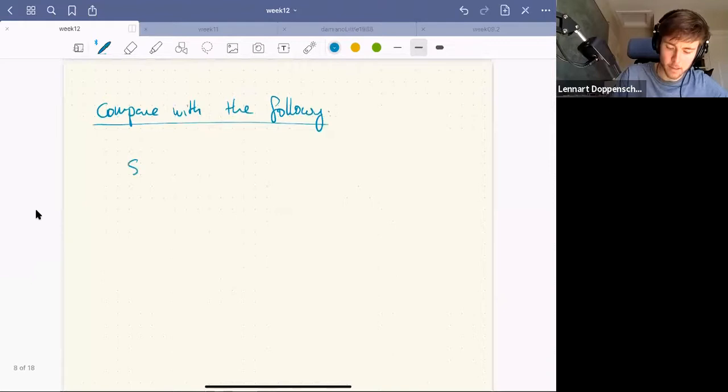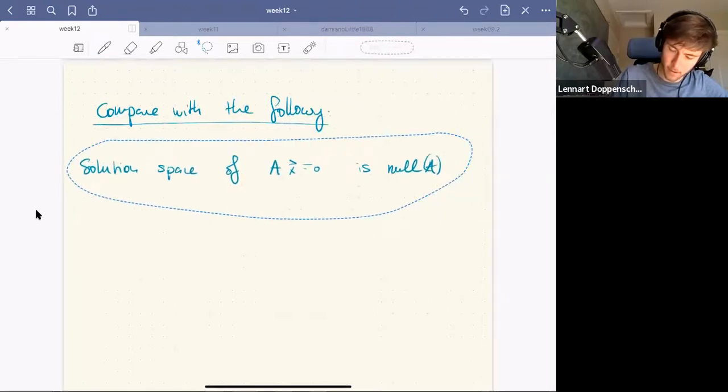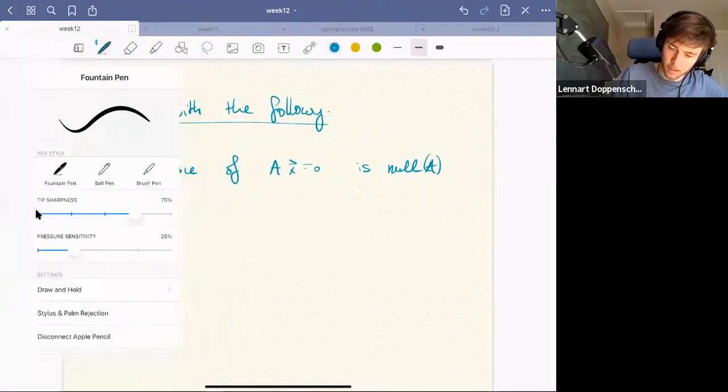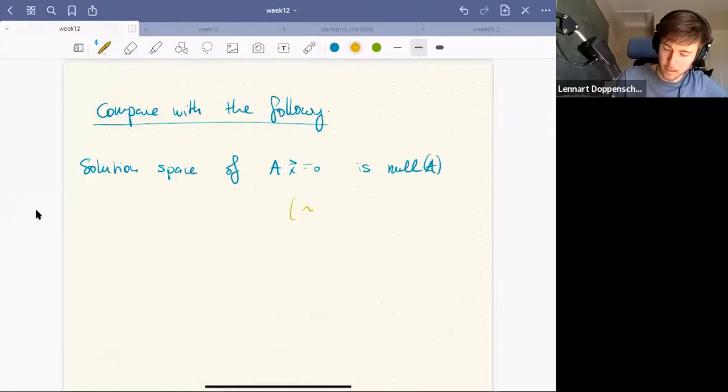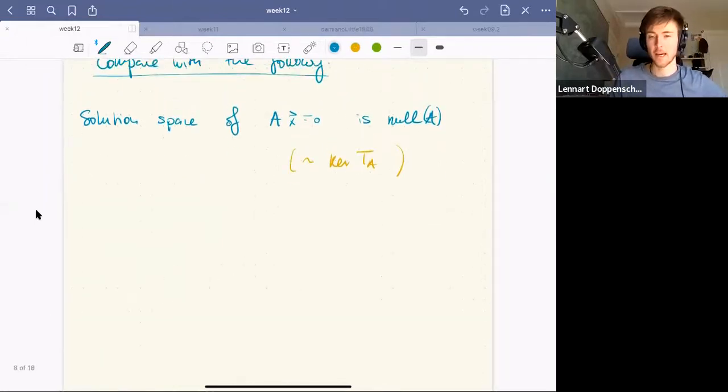A solution space of Ax equals 0 is null A. And likewise, we could say that this is the kernel of a transformation given by A. But this is the case of a homogeneous system of equations.